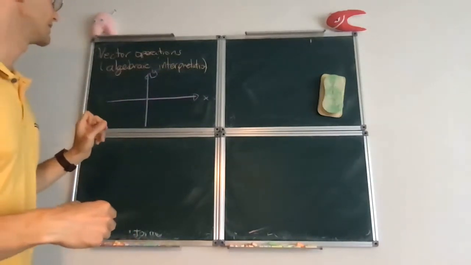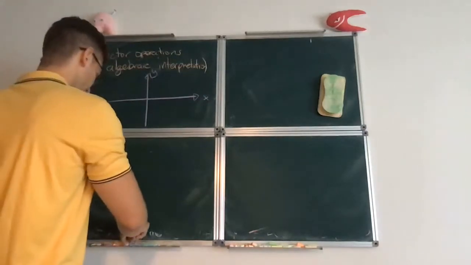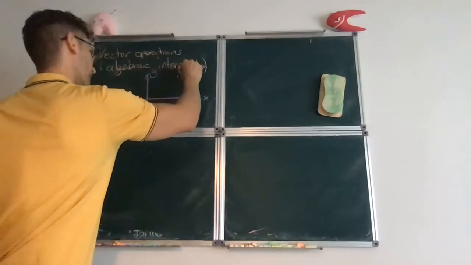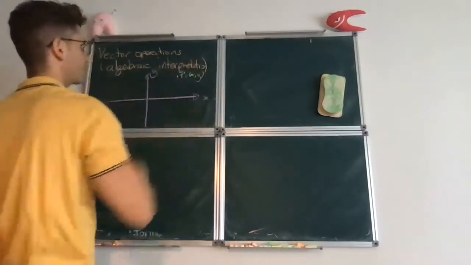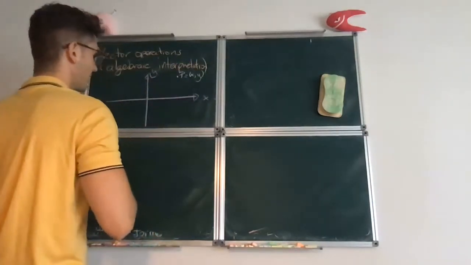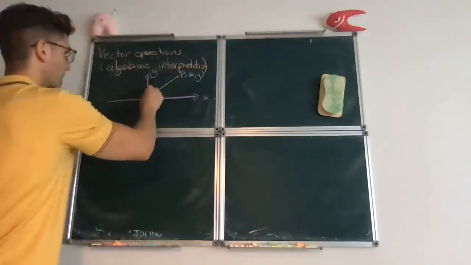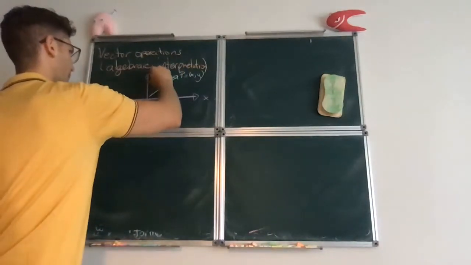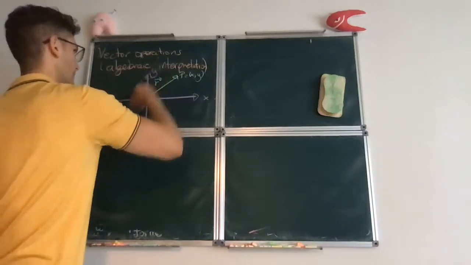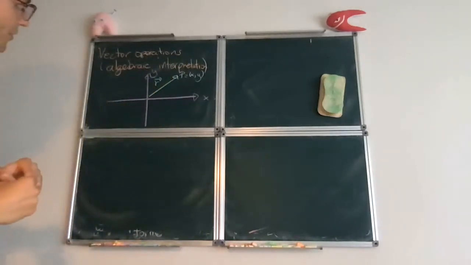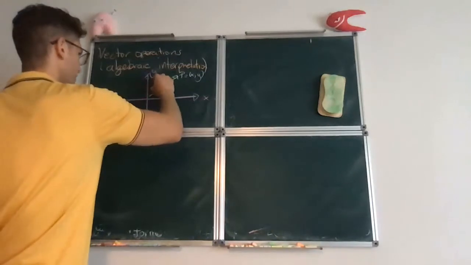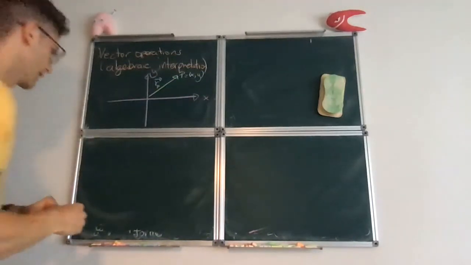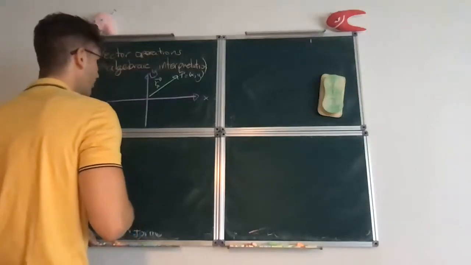So what that means is that if you take a point x comma y, then you can draw a vector that starts at the origin and terminates at that point in question, which is the position vector for the point P. And again, this will be the origin.